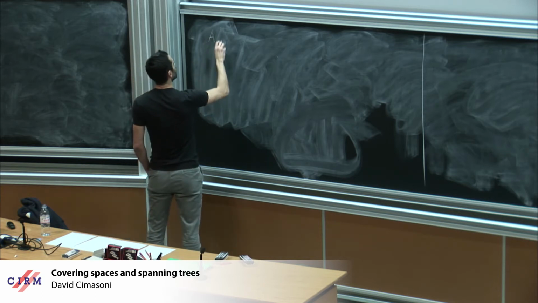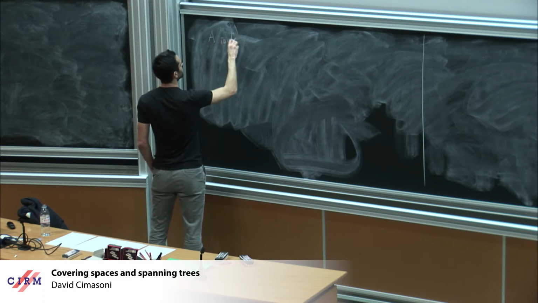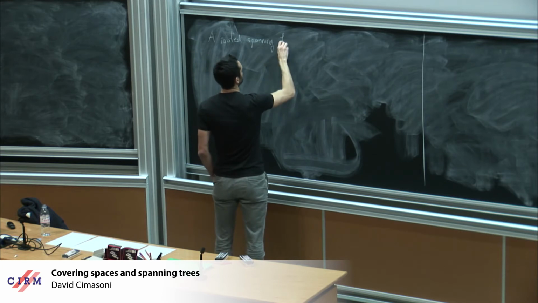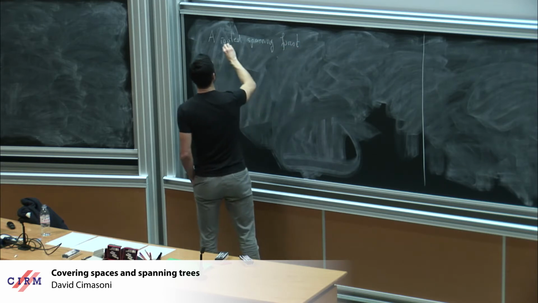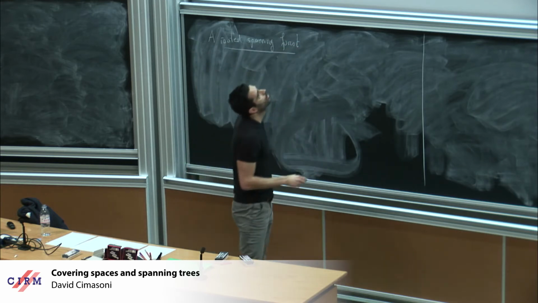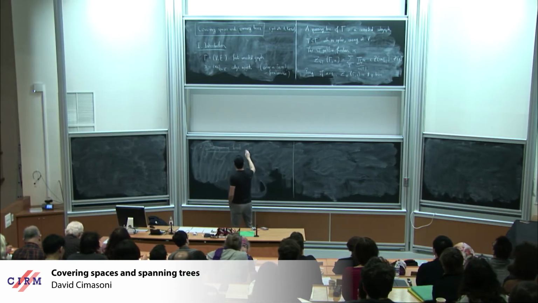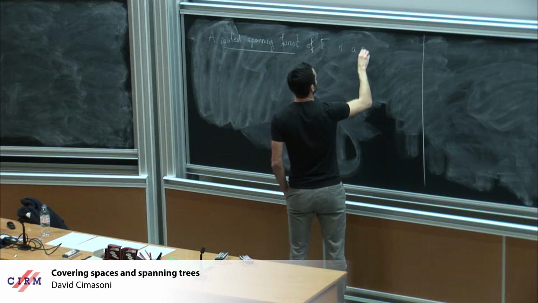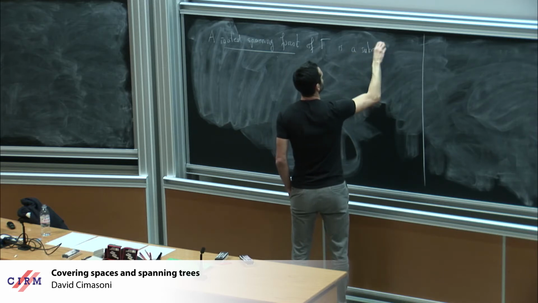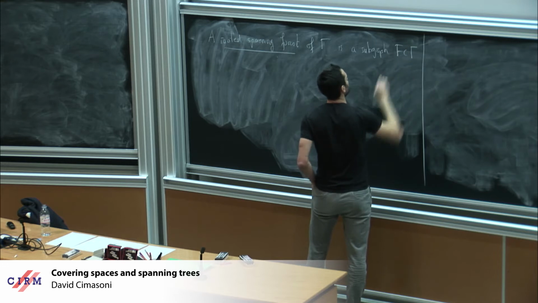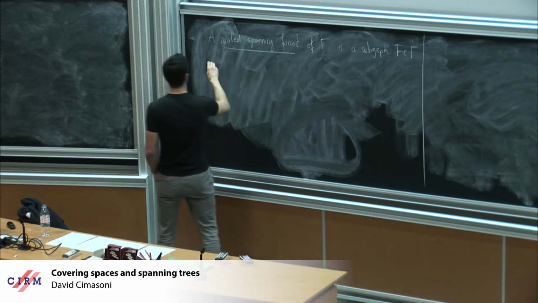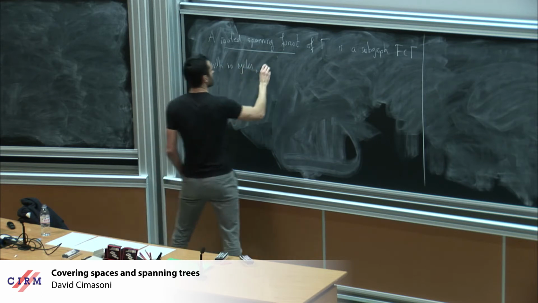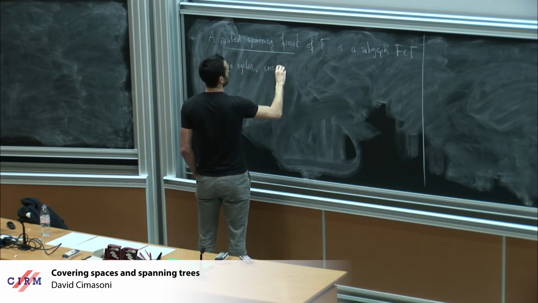Let me just recall: a rooted spanning forest of gamma is a subgraph F of your given graph with no cycles, covering all the vertices.